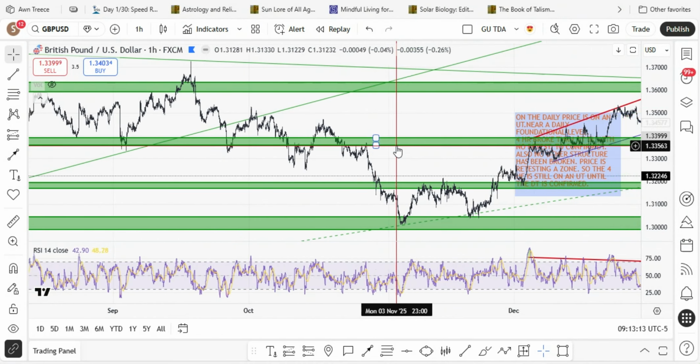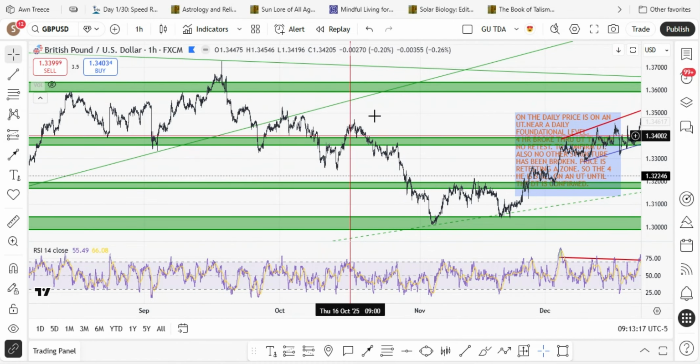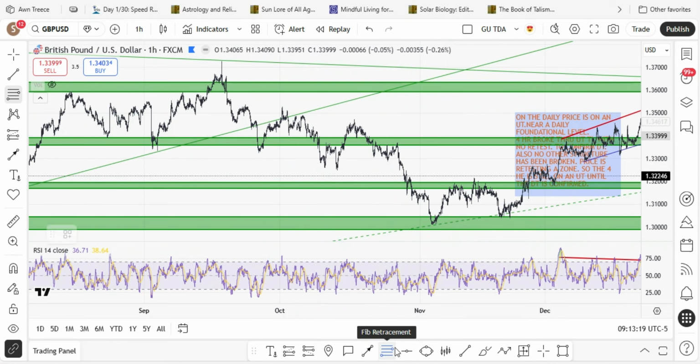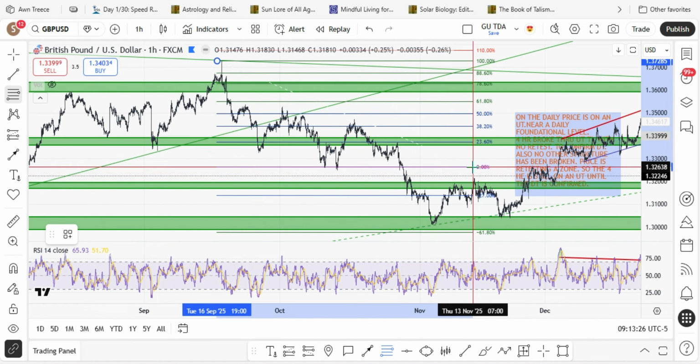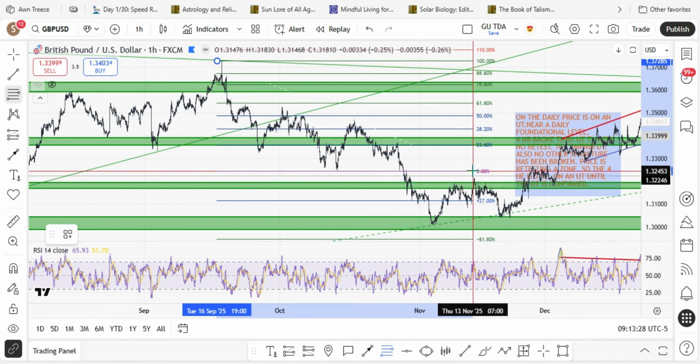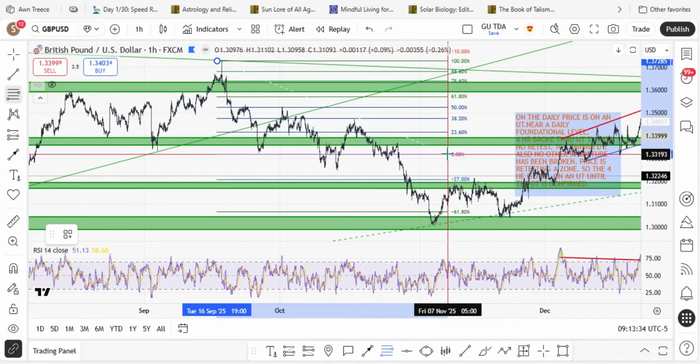Okay, so 1 hour structure. Over here, you have your impulse correction continuation, and I'm sure that completed the fib. Or even this one.